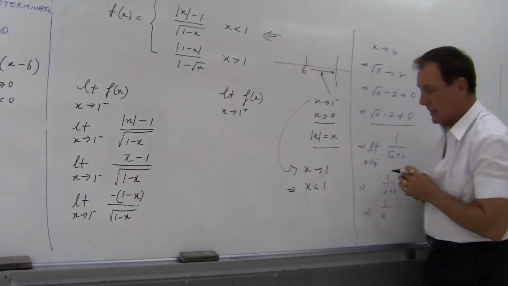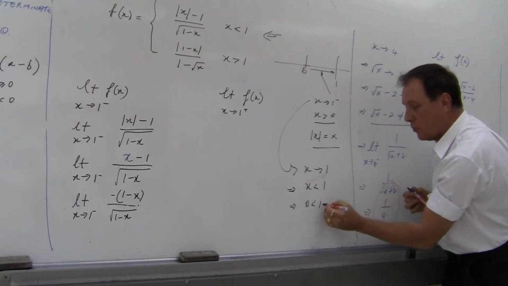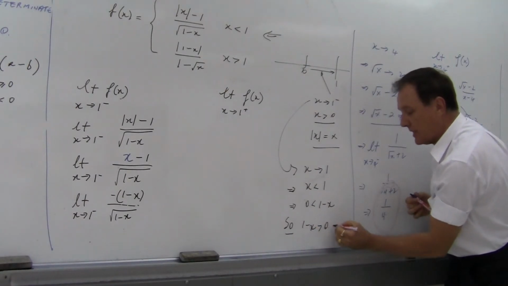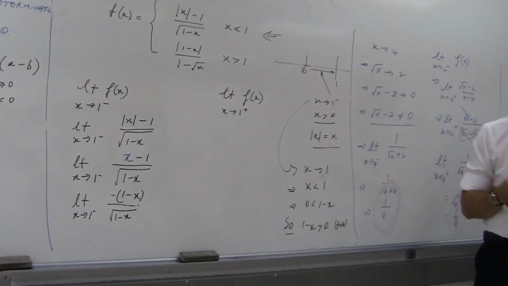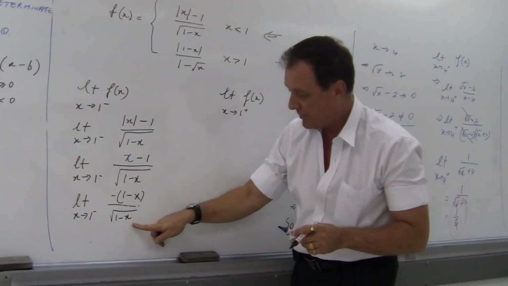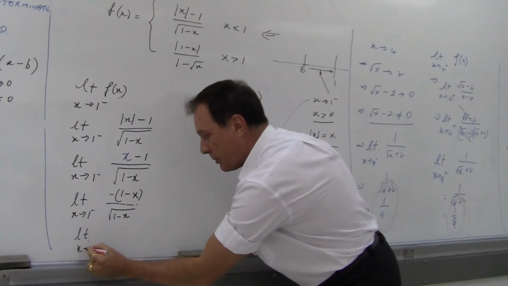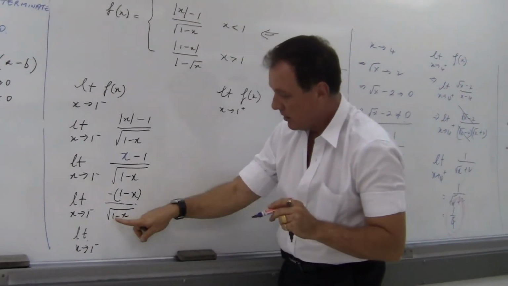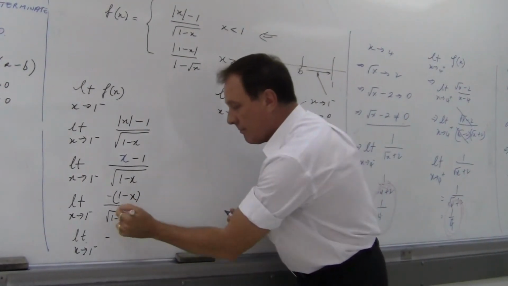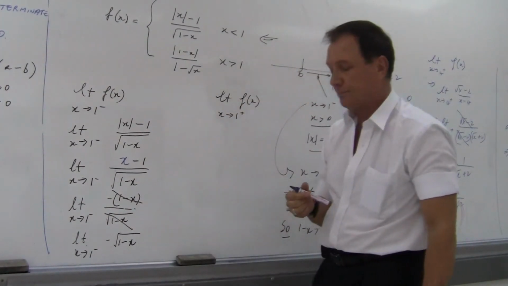I'd like to get rid of it. Let's see what happens. If I subtract x, I get 0 is less than 1 minus x. So 1 minus x is greater than 0. It's positive. Now if it's a positive number, what can I do? I can cancel. This is now the limit as x approaches 1 from below of root 1 minus x into 1 minus x, leave the negative sign, cancel, and I get here root 1 minus x.